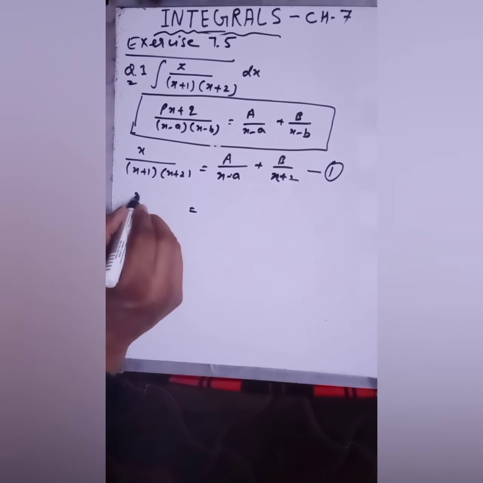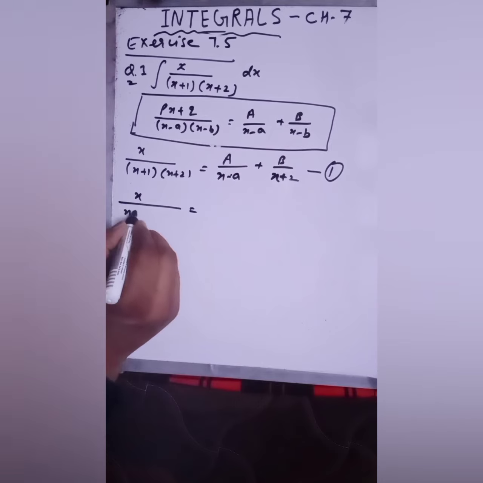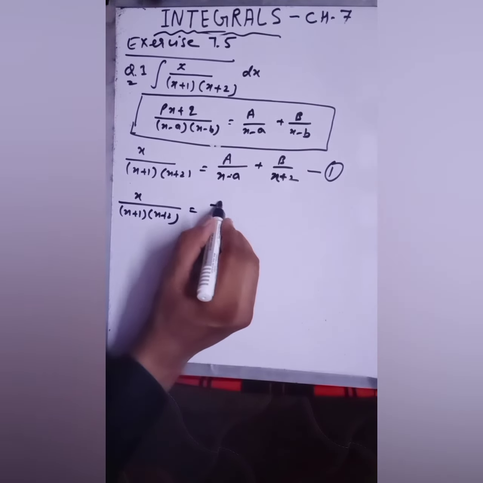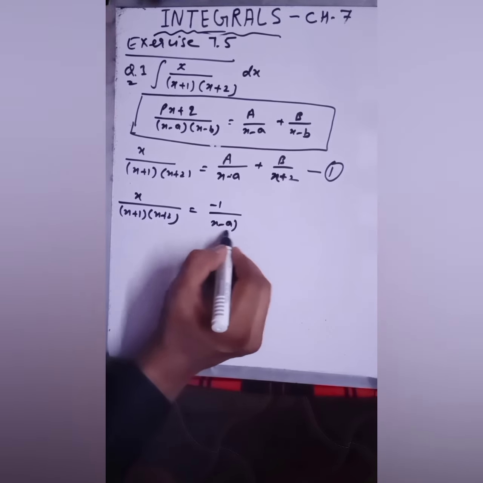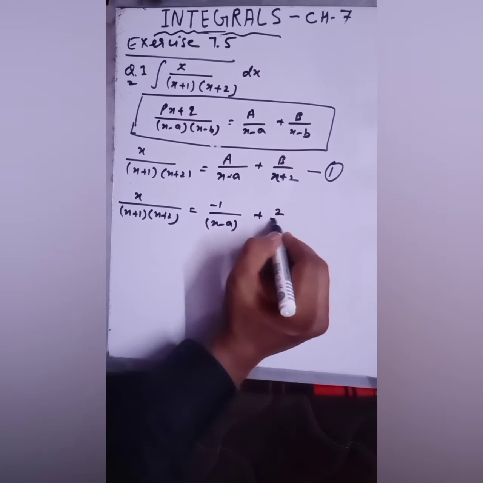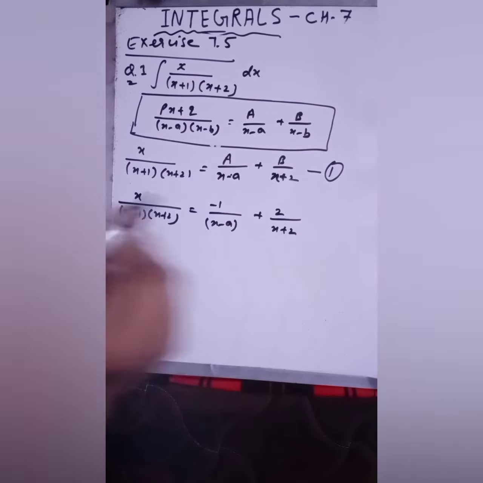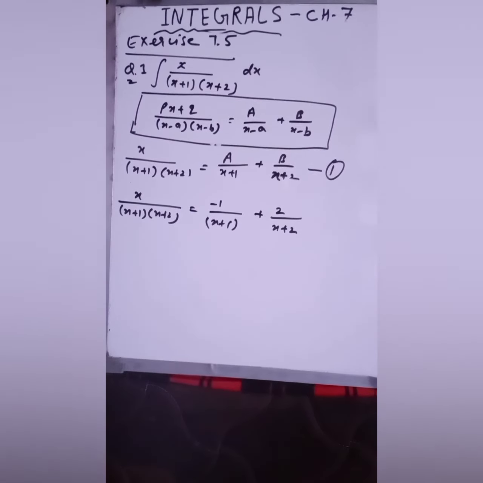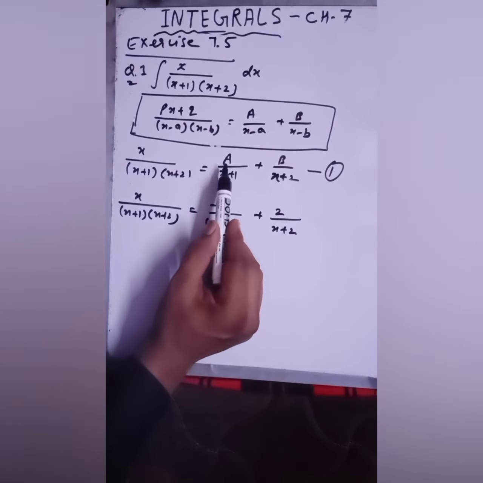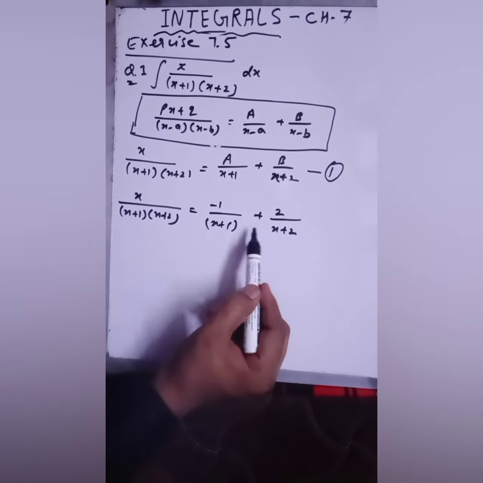So you will get x over (x + 1)(x + 2) equals a over x + 1 plus b over x + 2, with a = -1 and b = 2. Okay, so after putting the value of a and b, you will get this statement.